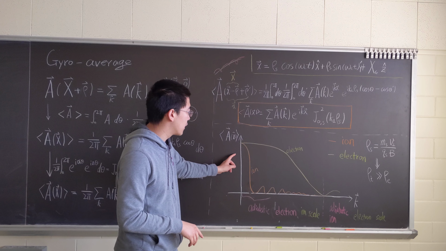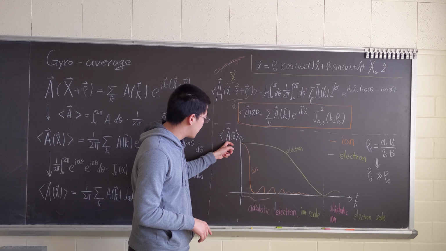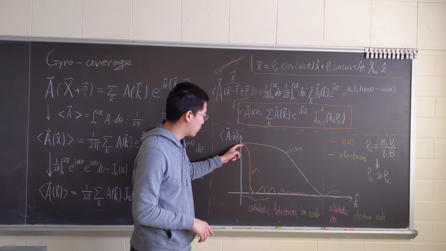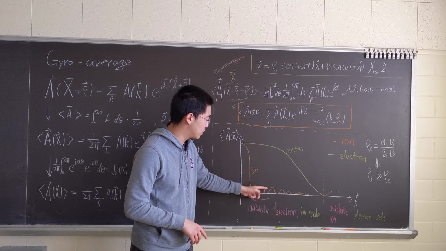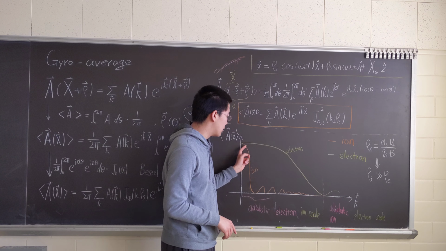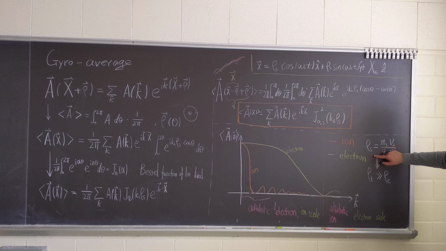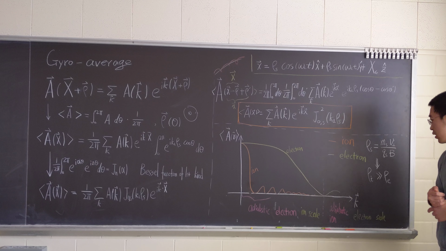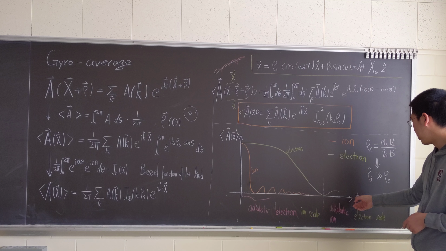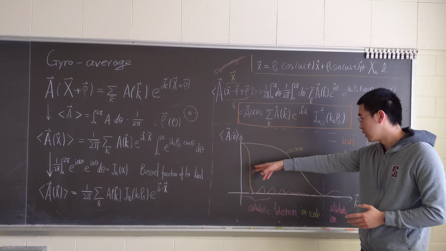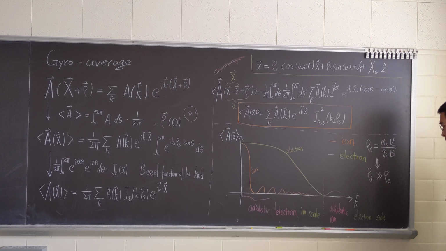Basically, we can think for this quantity A, the amplitude of that will, for ion, look like this, and the electron will look like this, because the gyro radius is m s v perpendicular over q s B. So the ion has much more mass than the electron, so the ion will vary faster than the electron, you can see.